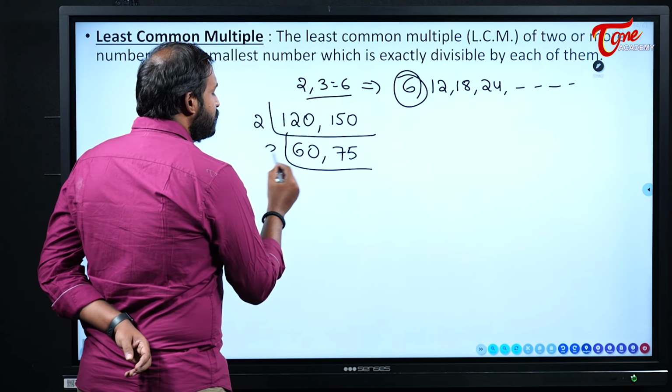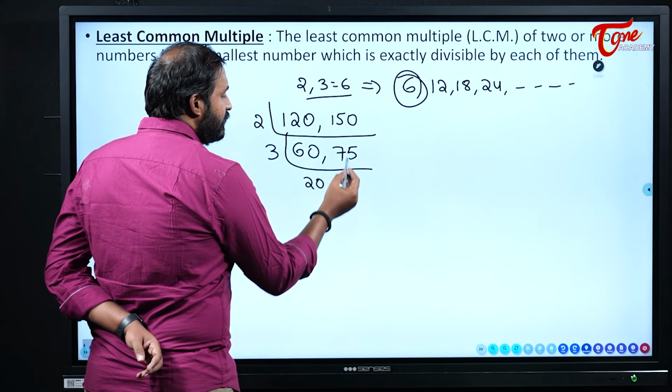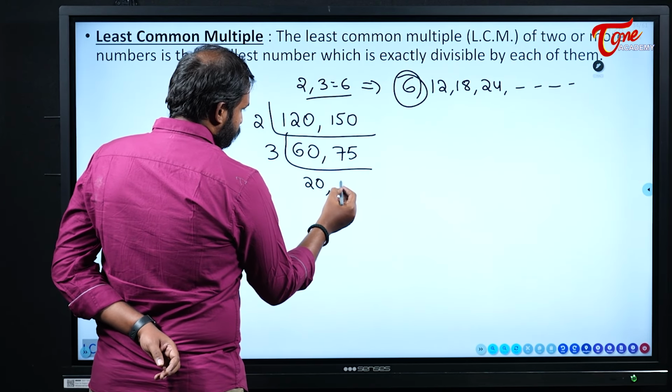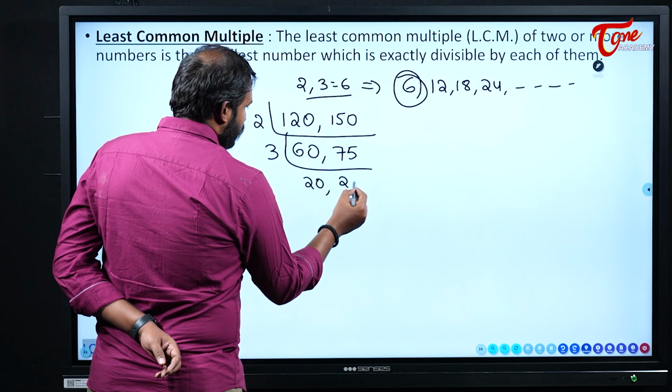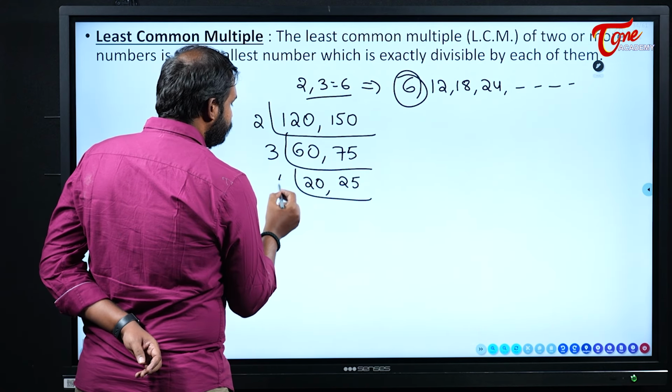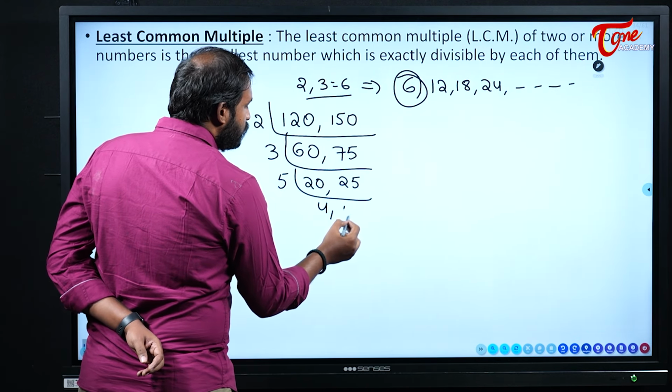Next 3 20s and 3 25s. Next 5 4s and 5 5s.